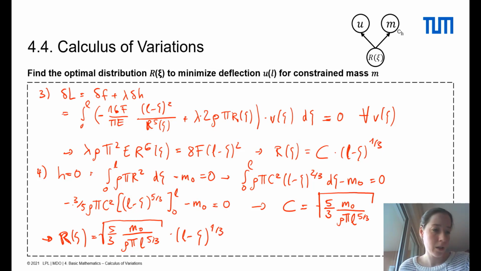Perfect. So now we computed our optimal distribution, R of Xi, so the radius over the whole length, which is a function of Xi. And this will minimize the deflection for a certain mass.